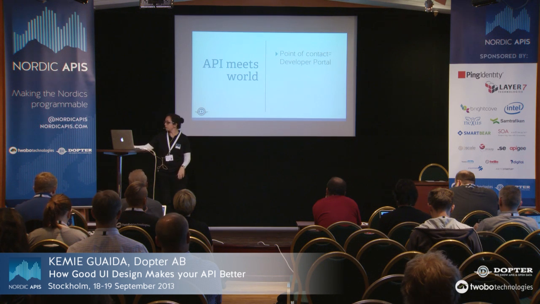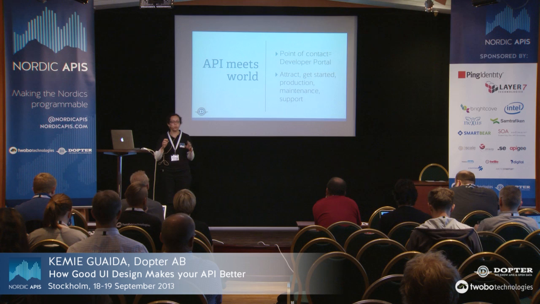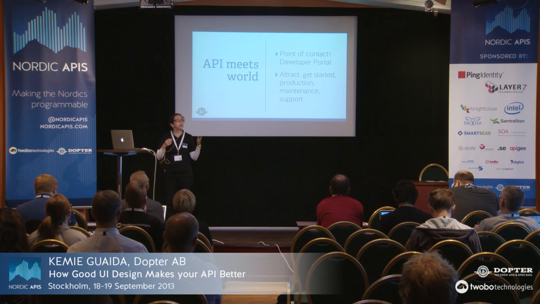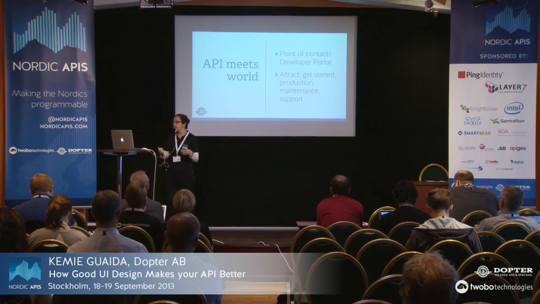And what the point of contact needs to do is it needs to attract new users, get them started to hello world your API. It needs to help them get into production and produce actual code. It needs to help them maintain that code. And finally, it needs to support them through all of this, maintain a dialogue between yourself and them.